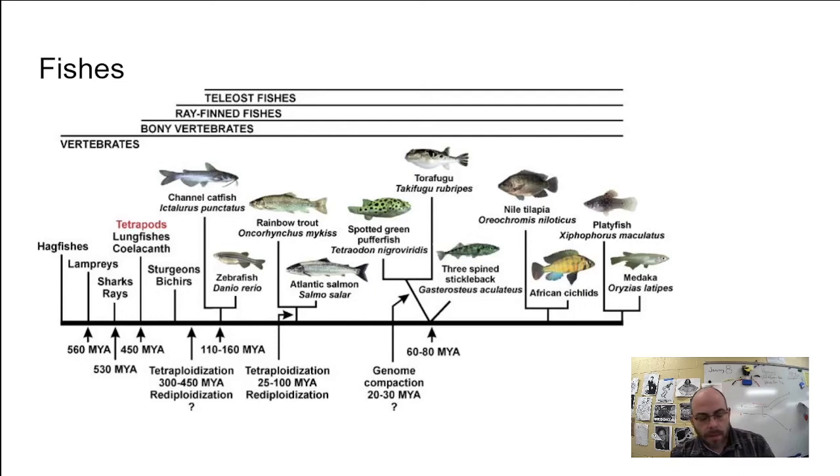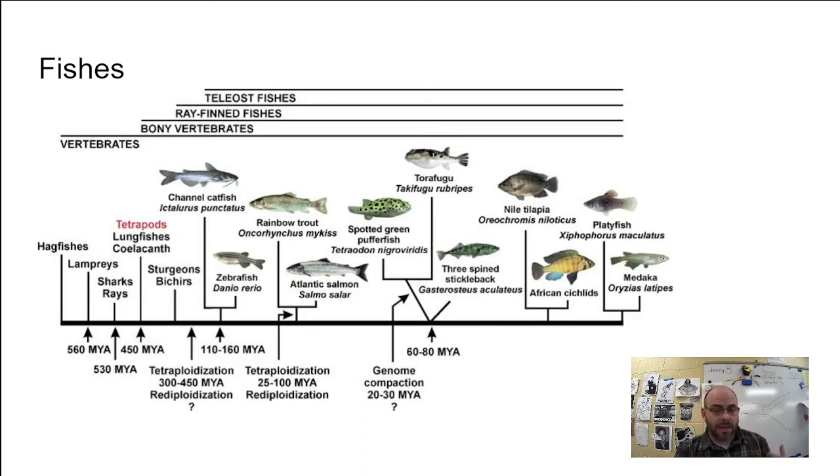Don't use that term. And then as fish developed, they had a more bony skeleton, or it was a cartilaginous skeleton, excuse me. And we still have those fish around today too, like sharks and rays and skates and that sort of thing. But then the most modern fish, which is going to be most fish, are what you call bony fish, or I'm not going to give the scientific name there.